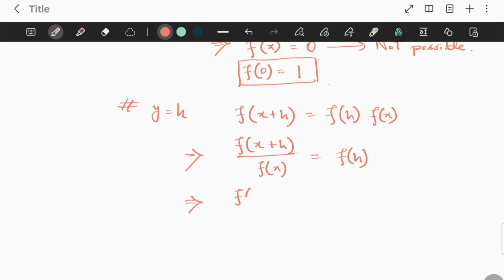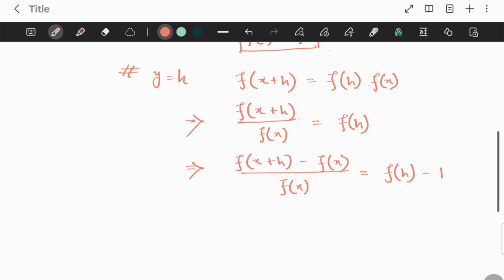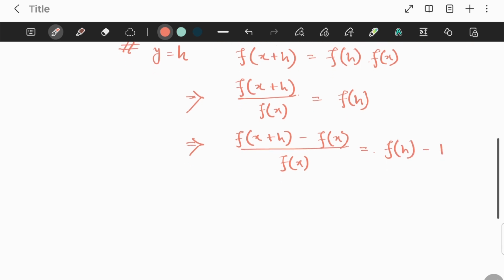So we'll get f of x plus h minus fx divided by fx equals f of h minus 1.